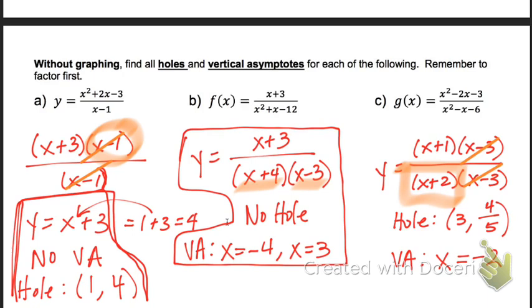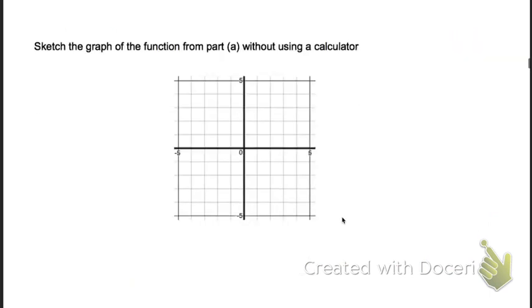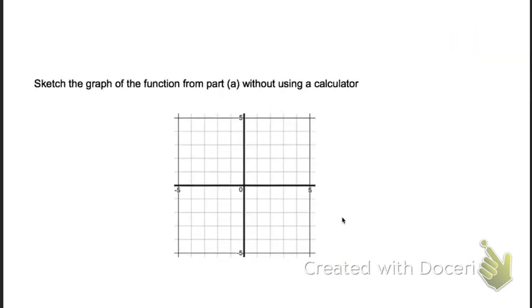Okay, now for the last thing, it says sketch the graph of the function from part A without using a calculator. Now, what is left over in part A? What's the only thing left over? x plus 3. And what is that? Just a straight line. So try graphing x plus 3.